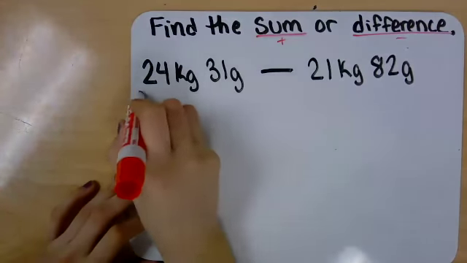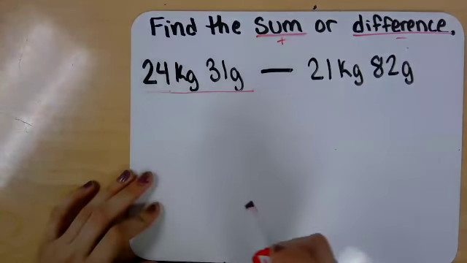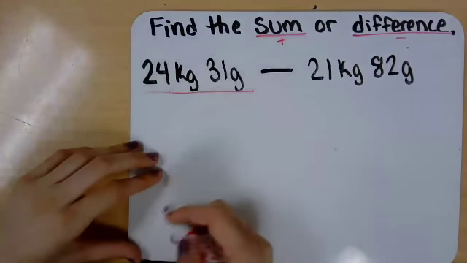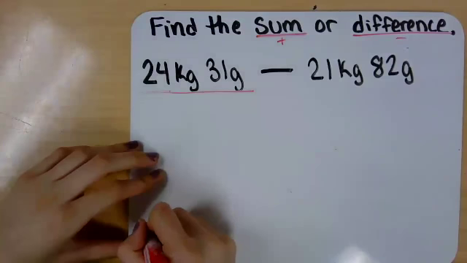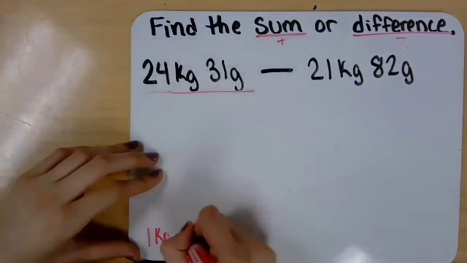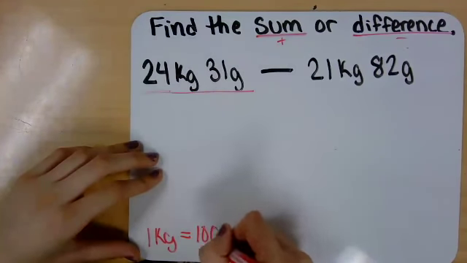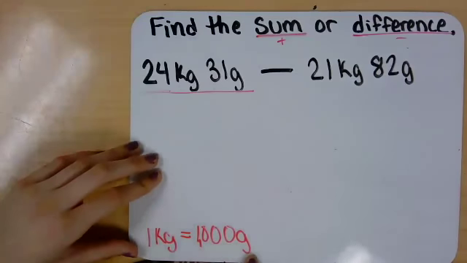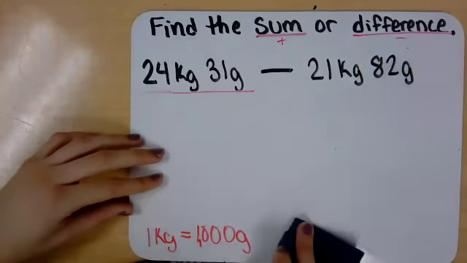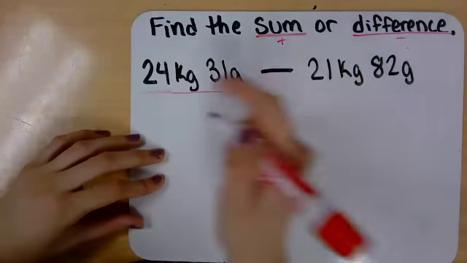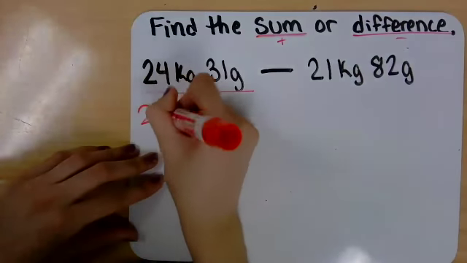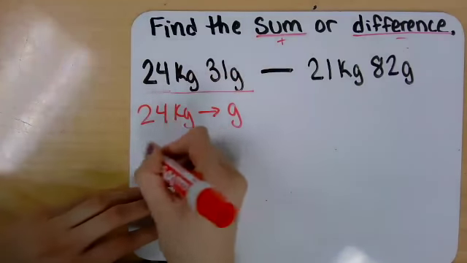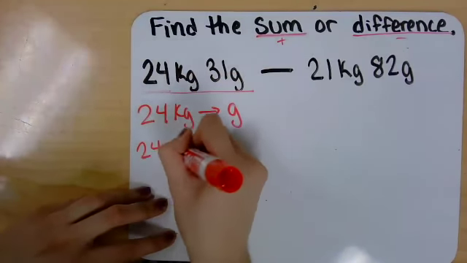Starting with this side, let's change everything to grams. Okay, so we know that there are 1,000 grams for every kilogram. Okay, so a kilogram is equal to 1,000 grams. All right, we'll keep that in mind. So to change 24 kilograms to grams, we need to multiply 24 by 1,000.